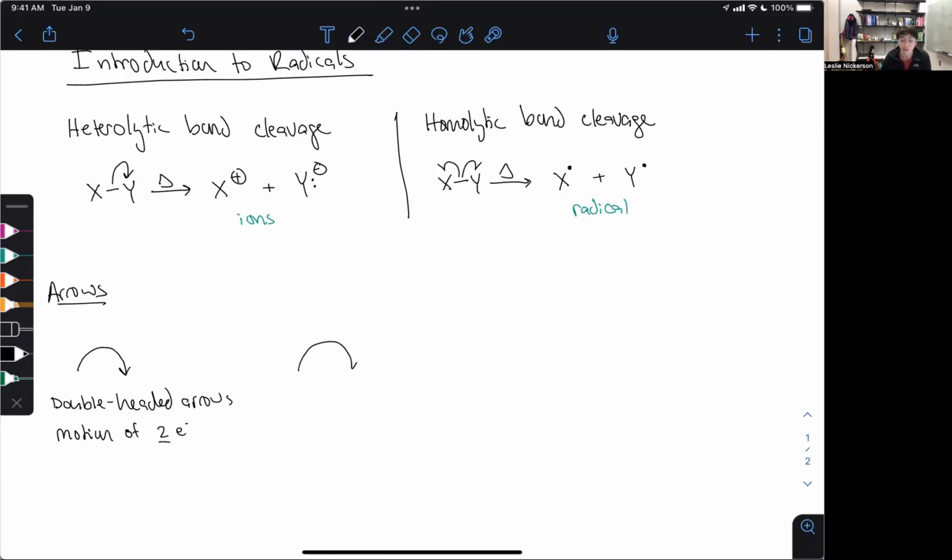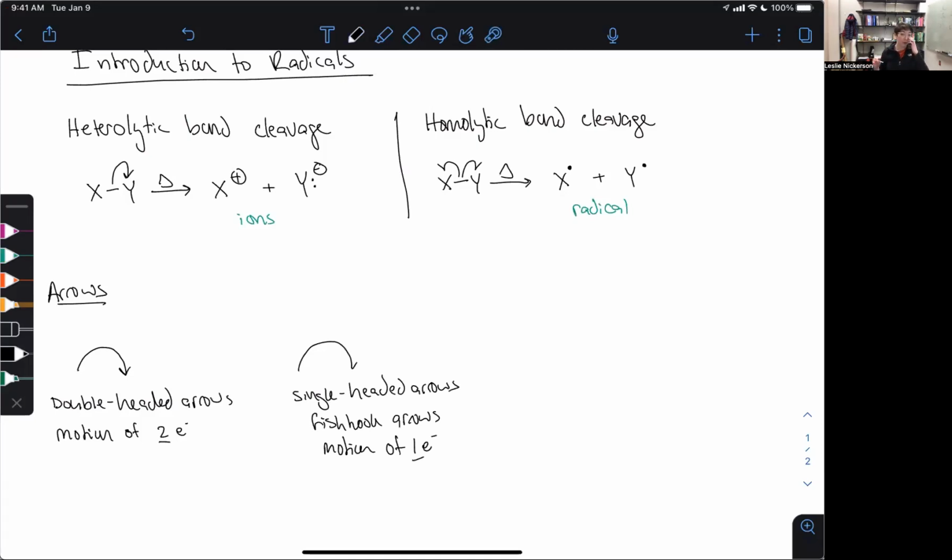These are often called fishhook arrows, and they just have a single point on the head. A lot of places you'll see them called fishhook arrows, and that is just showing the motion of one electron, okay?